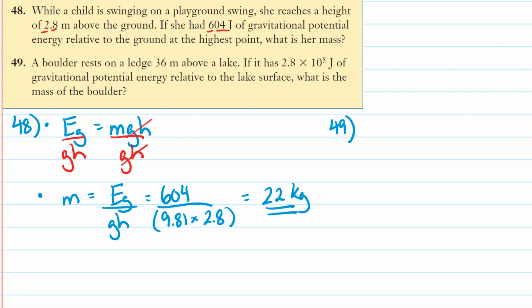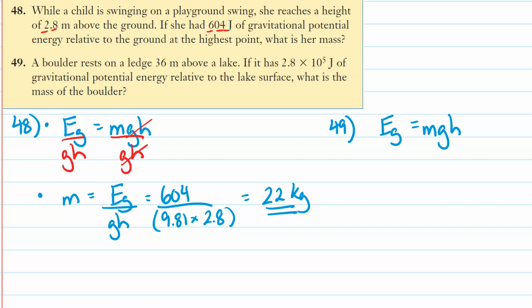Last one here, 49. A boulder rests on a ledge 36 meters above a lake. At that point, it has 2.8 times 10 to the 5 joules of gravitational potential energy relative to the lake's surface. What's the mass of the boulder? Again, Eg equals m times g times h.